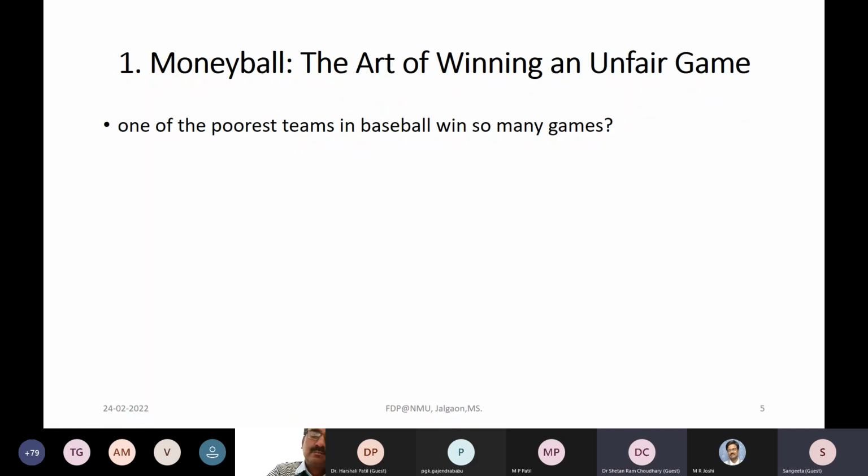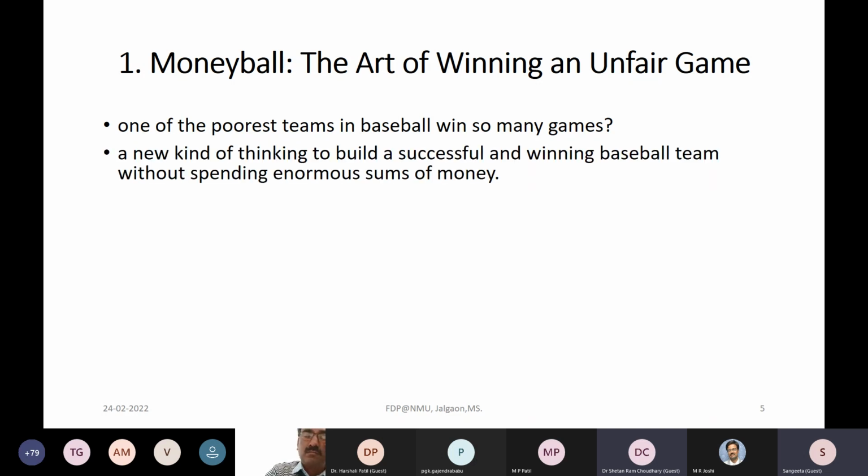It was the poorest team because it was paying very little to its players. But despite that, when it lost 3 players, the manager went to Cleveland to hire some more players to find out how they could at least sustain the game. They were not thinking of winning, just of participating. And at that time, what he wanted was to build a successful team without spending lots of money.